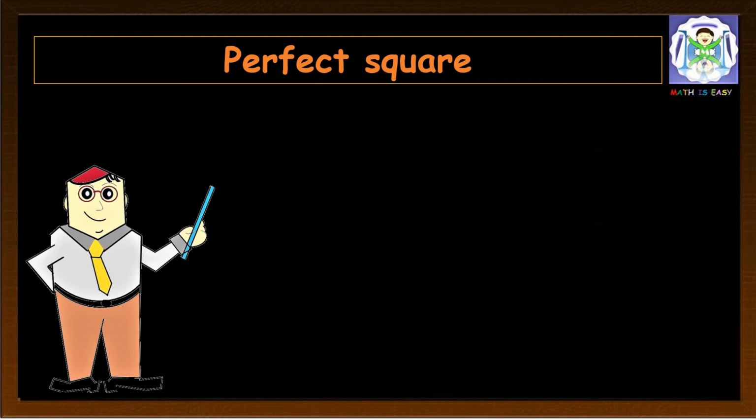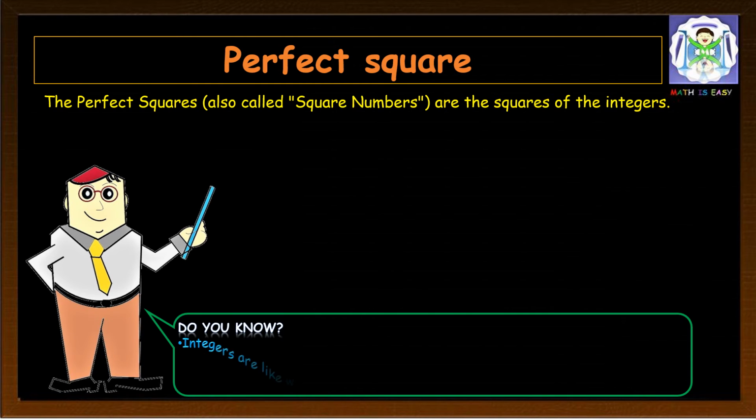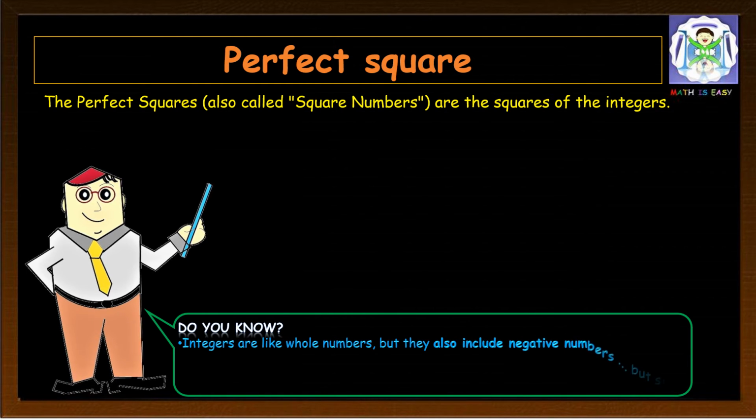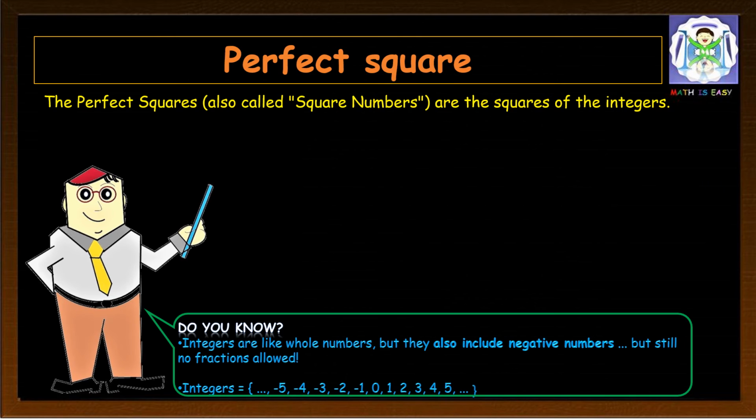Okay, so now the next term is, what is a perfect square? A perfect square is just the square of an integer number. So what are integer numbers? Integers are the whole numbers including 0, all the way from negative infinity to positive infinity, but all integers. No fractional number is allowed.